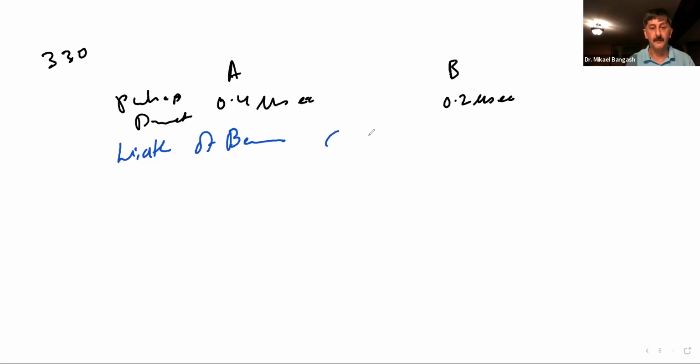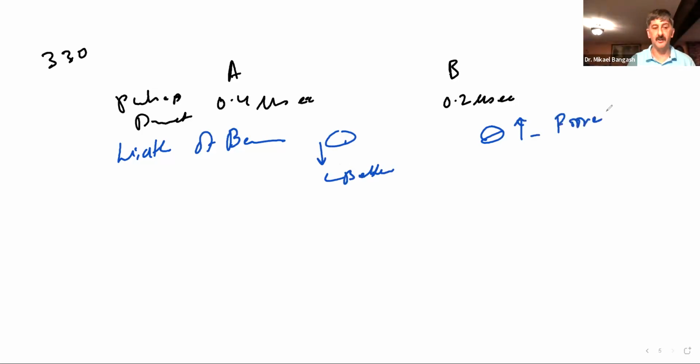If it said lower width, that would be a better resolution, or a greater width would mean poor lateral resolution. Since we don't have any of that information, it can't be determined.